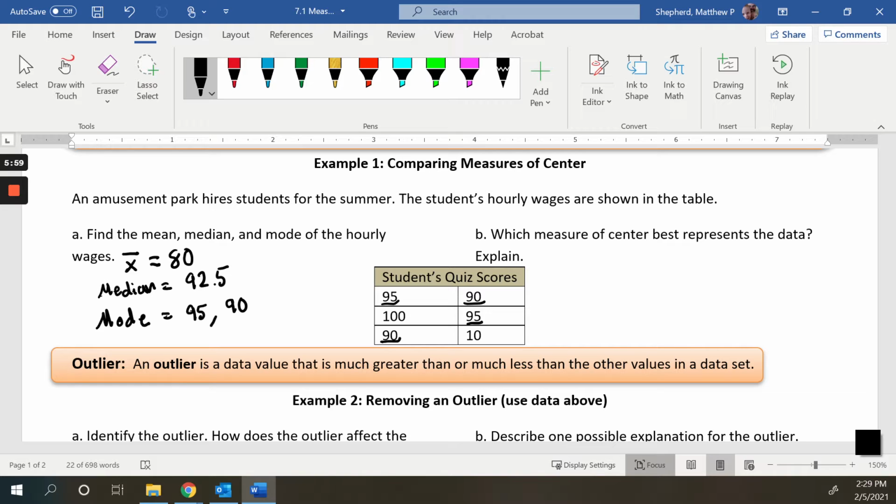Let's say that there is a student who got a 100 on a test, a 95 on a test, and a 90 on a test. So he's had 3 tests. He's aced all of them. Okay? He's done a great job.